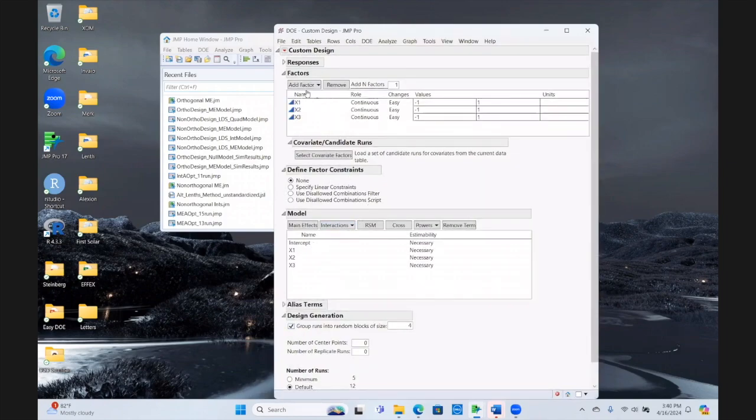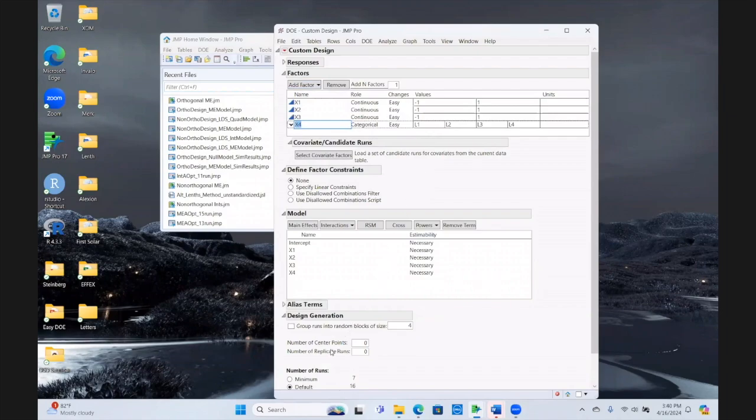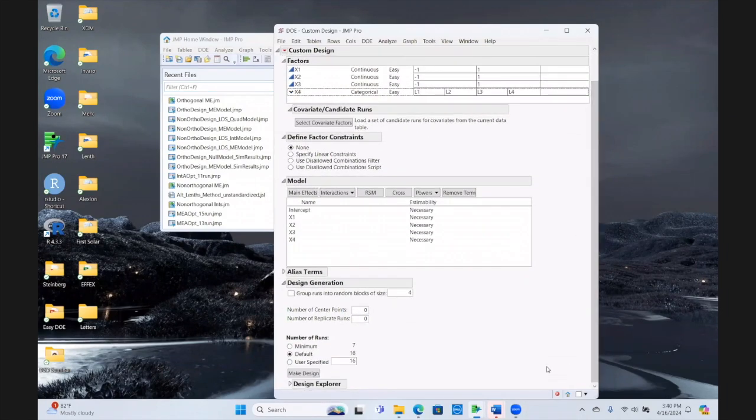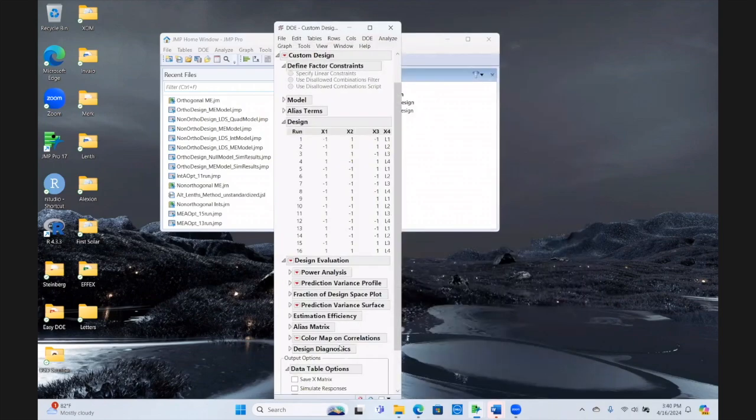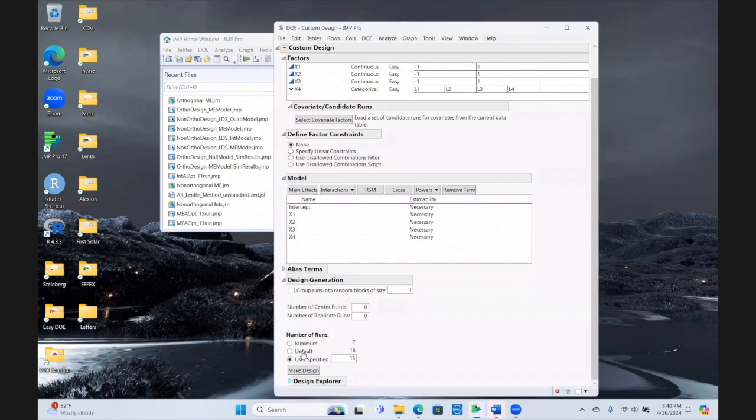And let's suppose I add a categorical factor with 4 levels to this. So I'm going to make a design now with 16 runs, so it's a multiple of 4. Oh, and I wanted a random block while I was at it. I'm also going to have random blocks of size 4.